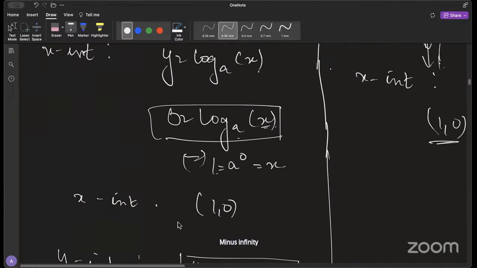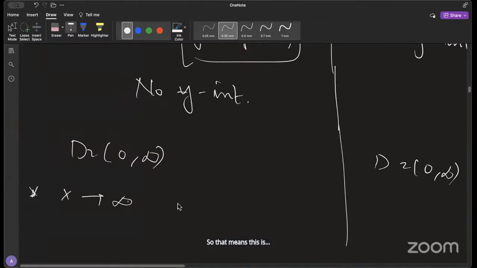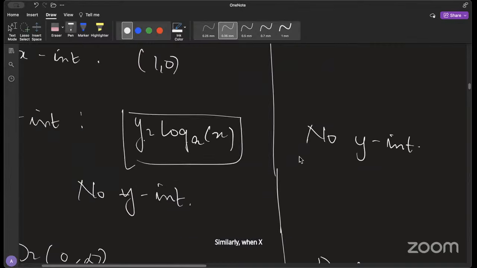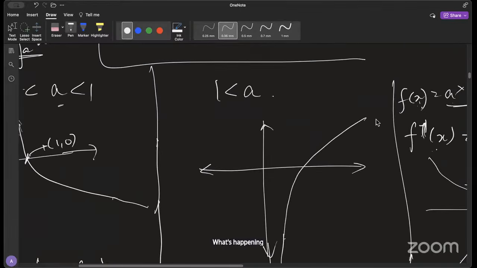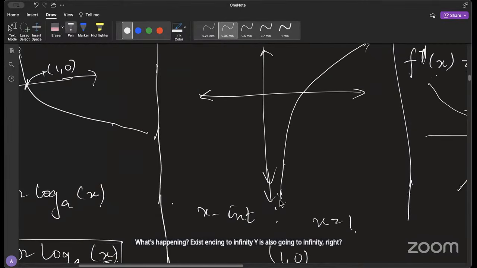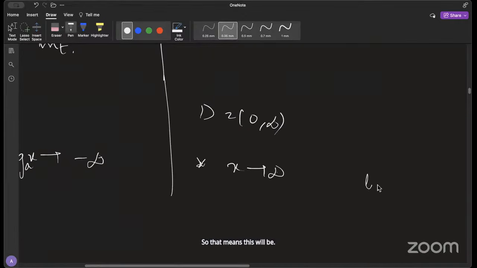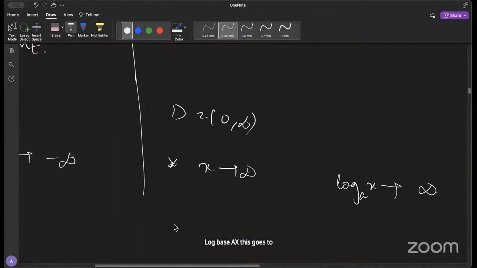So that means when x tends to infinity, y goes to minus infinity. Or you can say your y is log base a x, so this goes to minus infinity. Similarly, when x tends to infinity here, what's happening? x is tending to infinity, y is also going to infinity, right? Yes. So that means this log base a x goes to infinity.